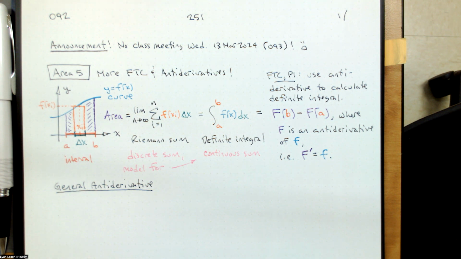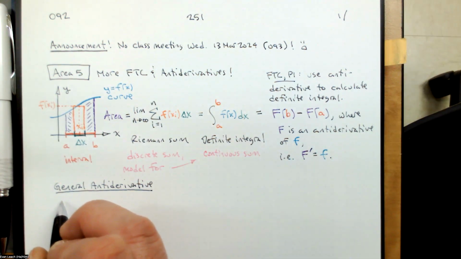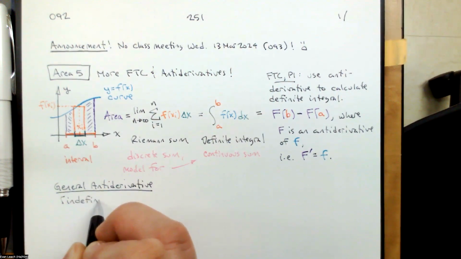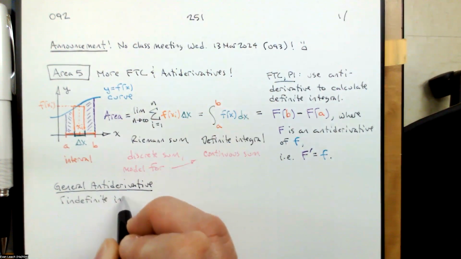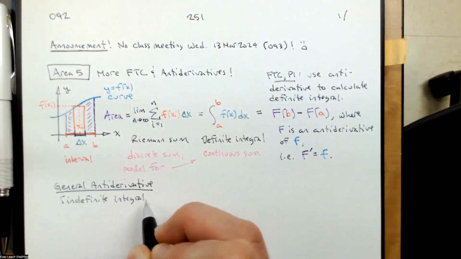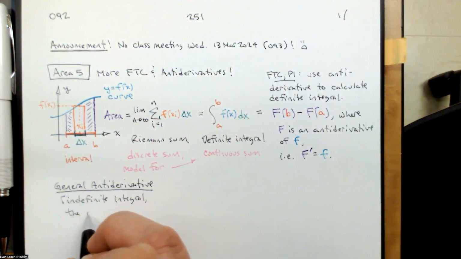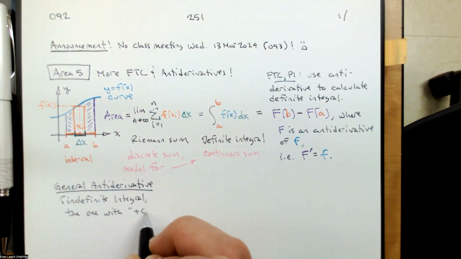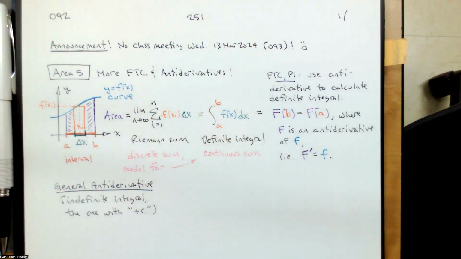We need to be able to calculate a general antiderivative. General antiderivative is the one with plus c. We'll also say indefinite integral or the one with plus c.